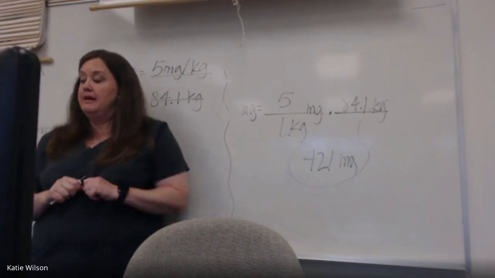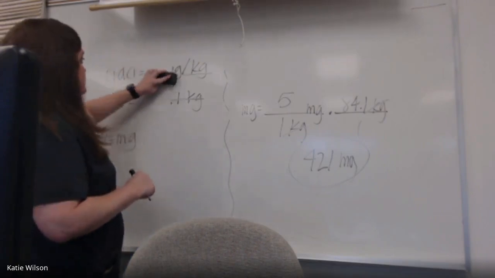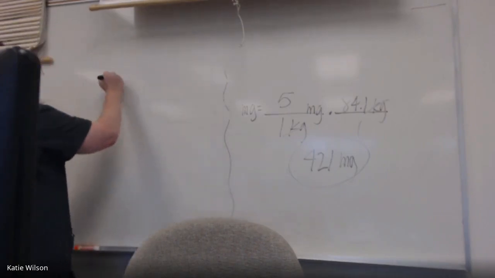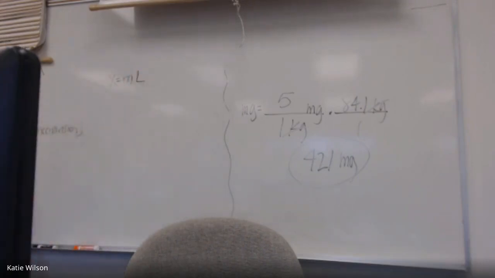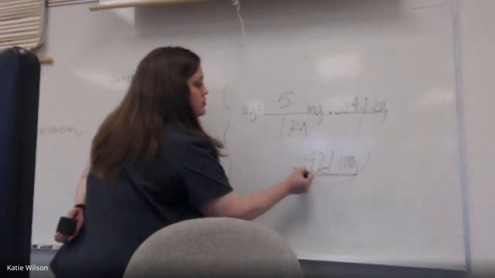So I know how many milligrams I'm going to give my patient, but I need to know how many milliliters that is so I can measure it and give it to the patient. Okay? So now in example 4, we're trying to figure out milliliters, right? So I'm solving for milliliters. And then my doctor's order becomes, my answer is 421 milligrams.